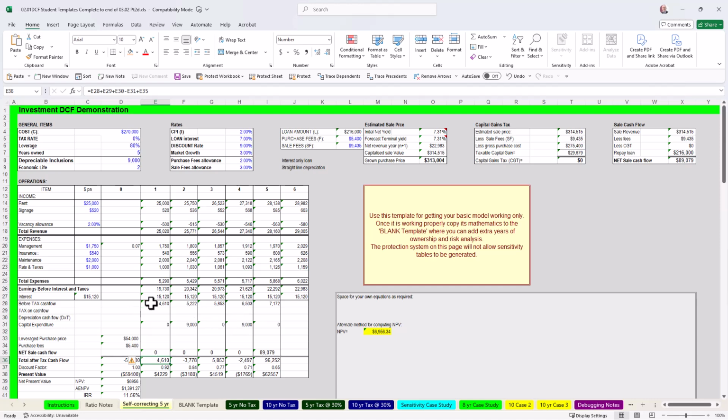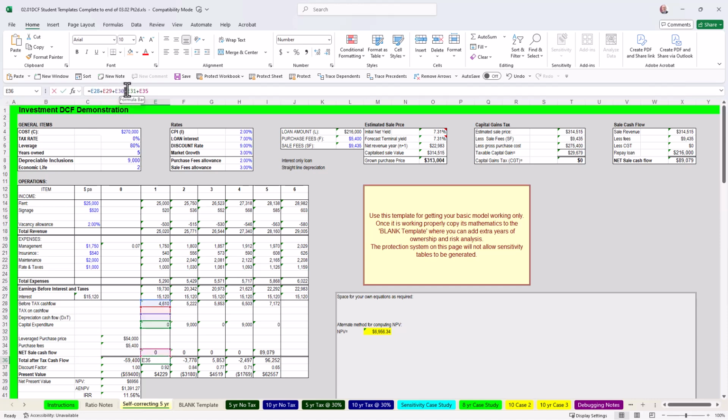Turns out that the before tax cash flow can be positive or negative, so I show signs for that when it's relevant. Likewise, the tax on cash flow, oddly enough, can be both positive and negative. The depreciation cash flow, we're going to talk about that next week, but it's always the same sign. This one is always negative, and so here we're not going to put the negative signs in, but we're going to take account of it in the equation.